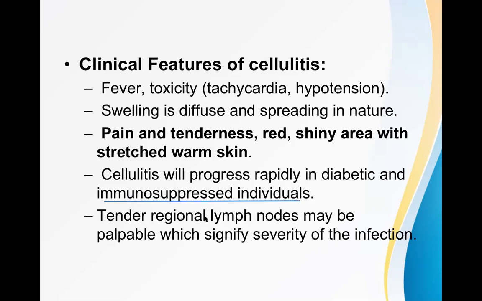On the other hand, if we feel the regional lymph nodes, for example, if cellulitis occurs in the lower limb, the regional lymph nodes are mainly the inguinal group. They may be tender and palpable, meaning they are big in size, and they also show that it is a type of bacterial infection.